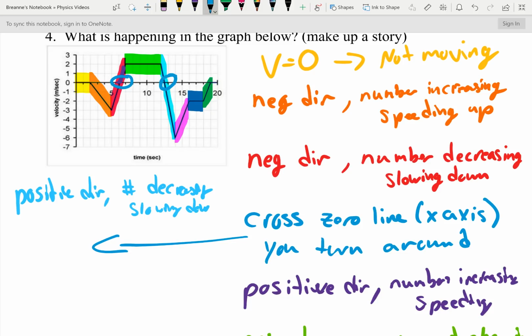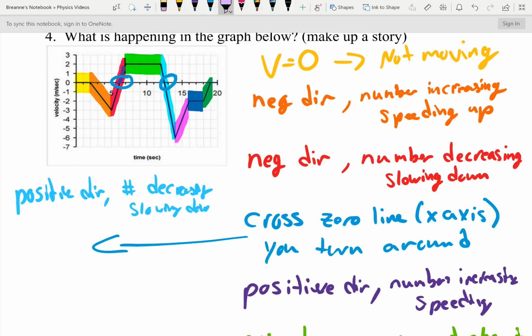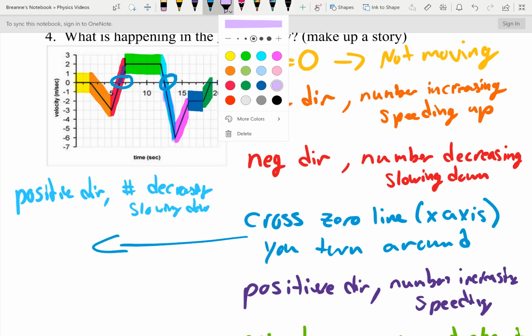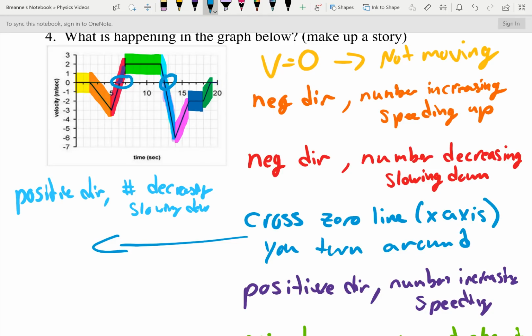Just a repeat. And then right there, you cross the x-axis, it's a repeat. That means once you cross the x-axis, you're in the negative direction. Your numbers are increasing, so you're speeding up again.